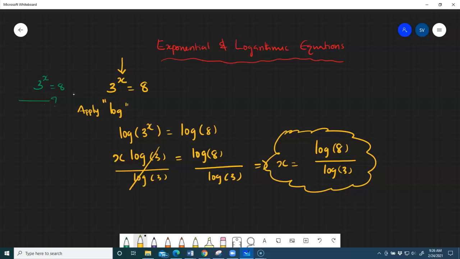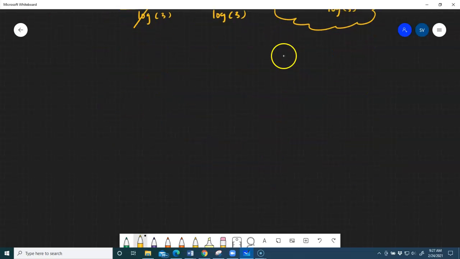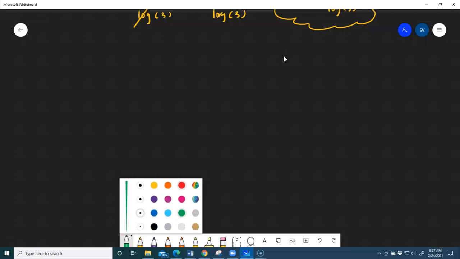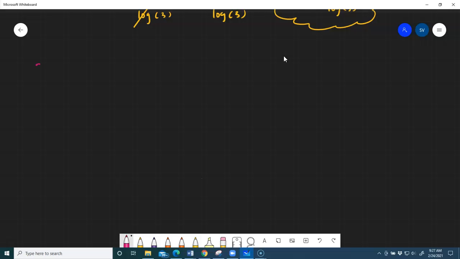Moving on, we can discuss a little more advanced problem. Another question I would like to share with you, let me try to use a different color. Okay, I like pink. The next question is 3 to the power x plus 2 is equal to 5 to the power 2x minus 1. This is also an equation.